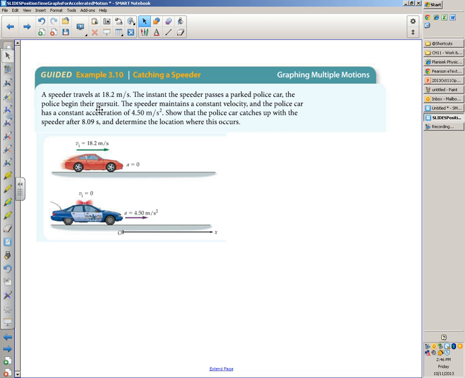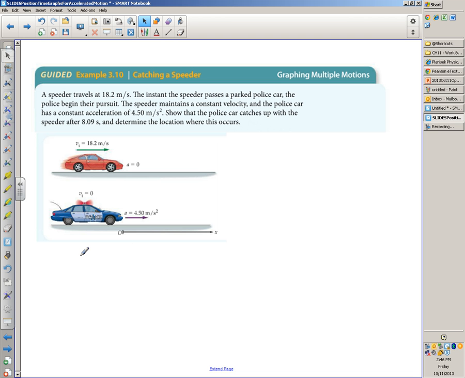So before we do that, I would like you to draw me a sketch of what the position versus time graphs would look like for this speeder and this police car.